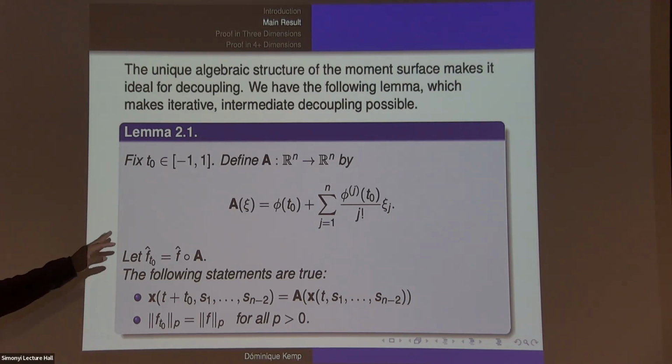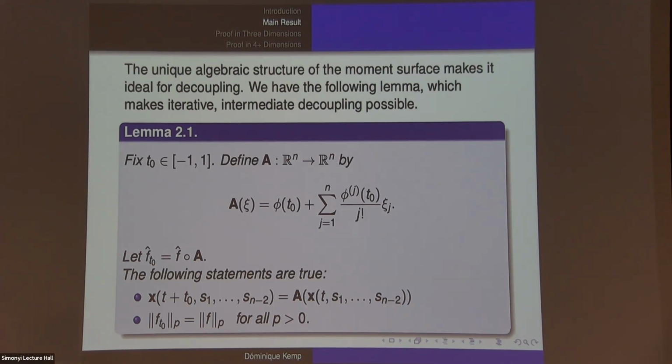This lemma should be viewed as a reformulation of parabolic rescaling. Maybe not, that's too strong of a statement, but what we're trying to say is that it does half of what parabolic rescaling accomplishes for the paraboloid. So this lemma allows us to translate in the t direction.